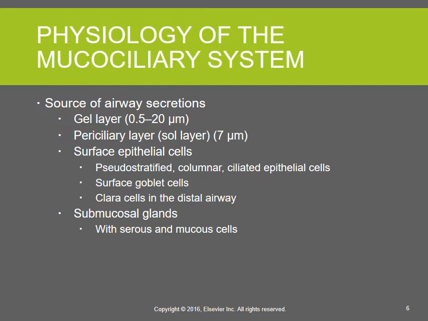How does the mucociliary escalator work? The source of airway secretions is found in the surface of the airway. The secretions lining the surface of the airway are called mucus, and they've been described as having two phases.